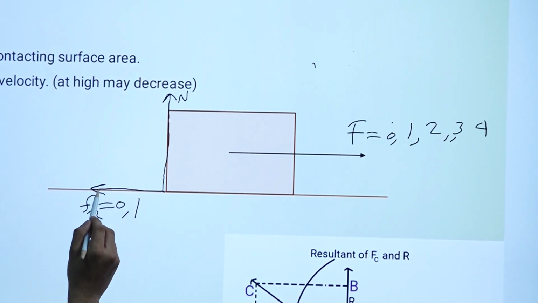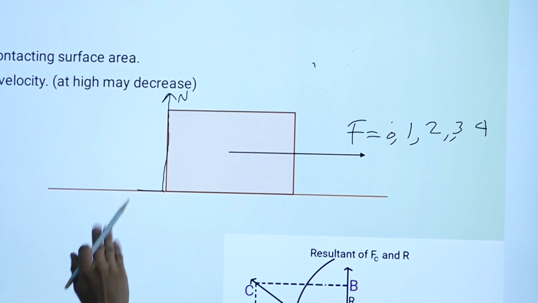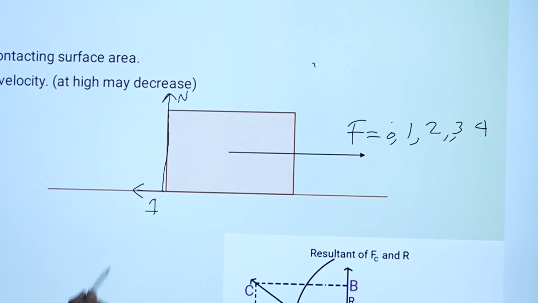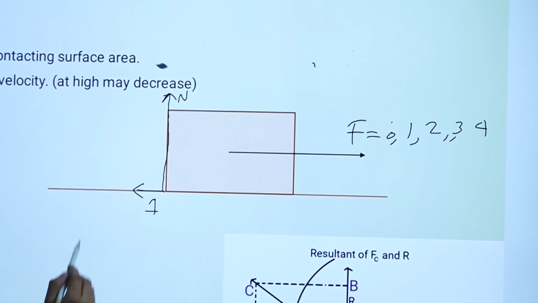What will happen if this frictional force is 1 here? With the help of the parallelogram law, we can find the resultant force.